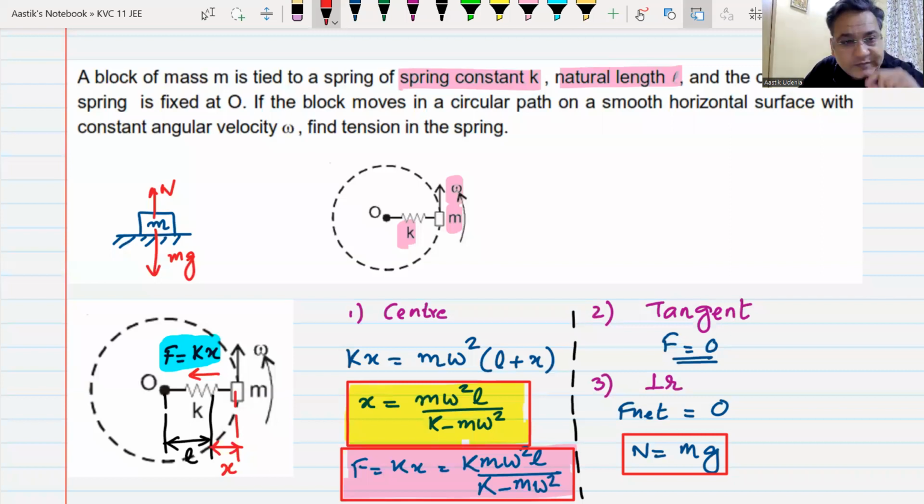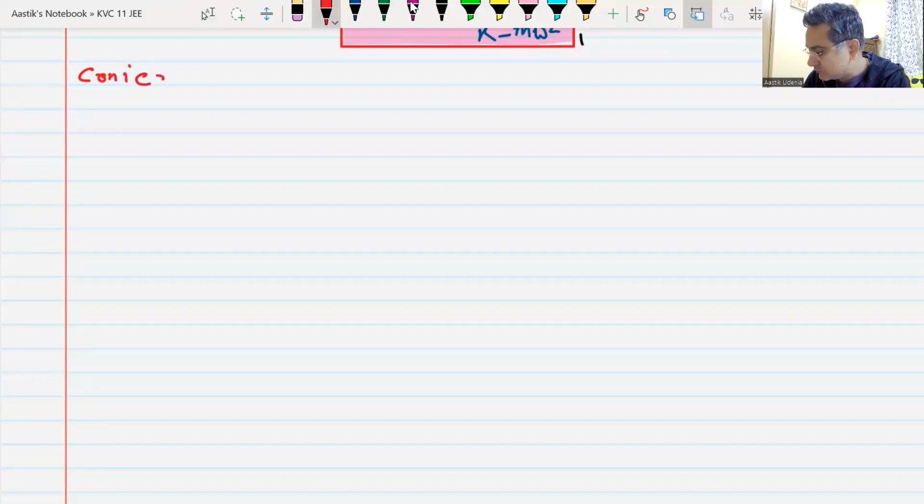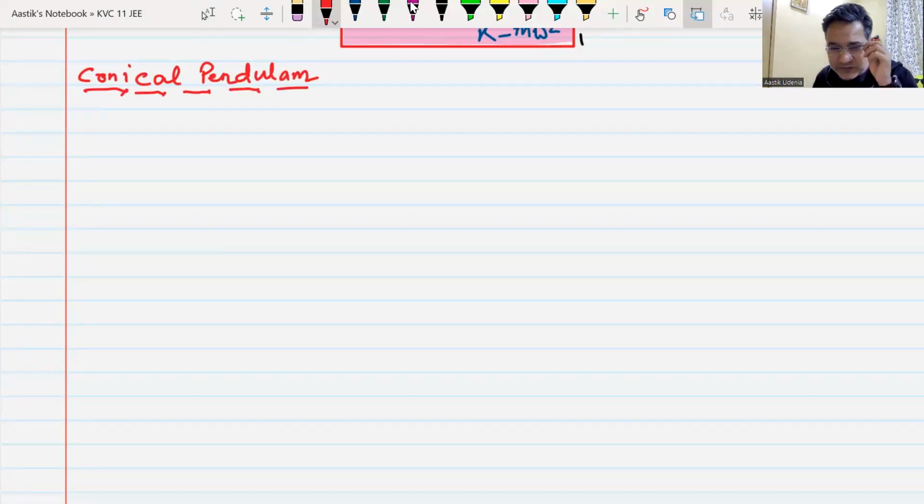Okay. The next thing that we are going to do is known as a conical pendulum. Now this conical pendulum is the brother of the simple pendulum. We'll also do the simple pendulum probably in the next class tomorrow.